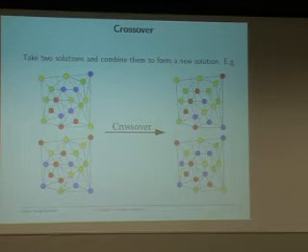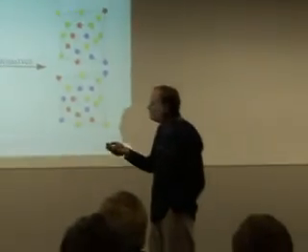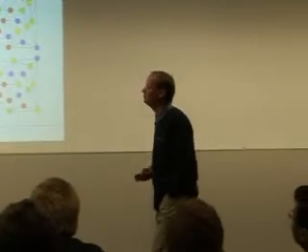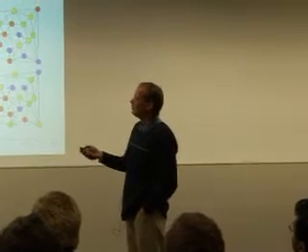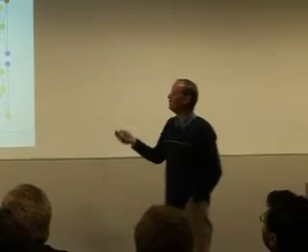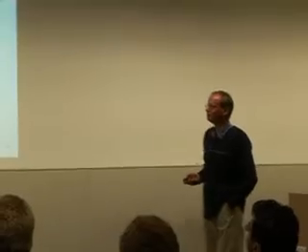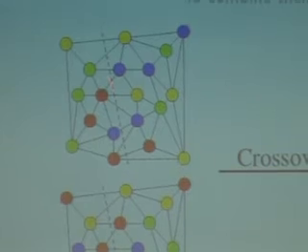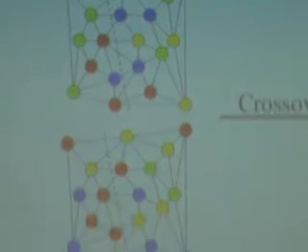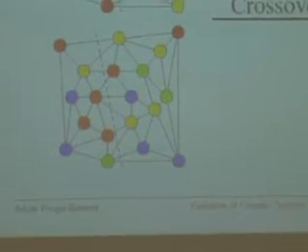Then in crossover, I take two members of my population. I usually select those at random, or I pair up members of the population at random, and then I take one half of one and the other half of the other. So in this case, I've taken this half of this one and this half of that one, and I've paired it up like that.